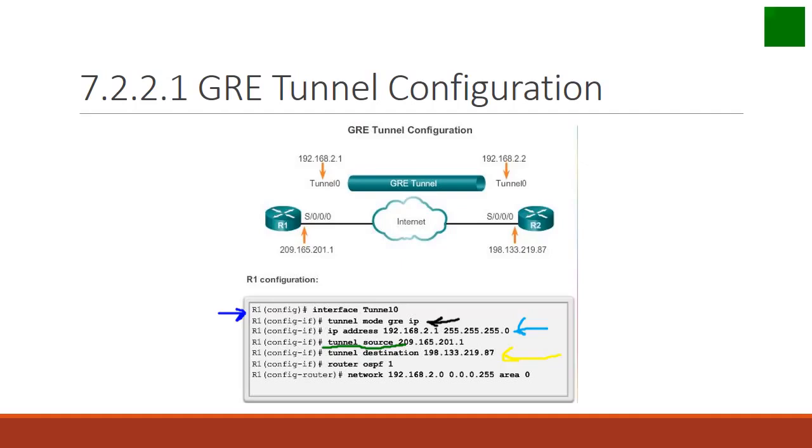The second step is to specify the tunnel source IP address, in here. The third step is to configure the tunnel destination IP address. The fourth step is to configure an IP address for the tunnel interface.